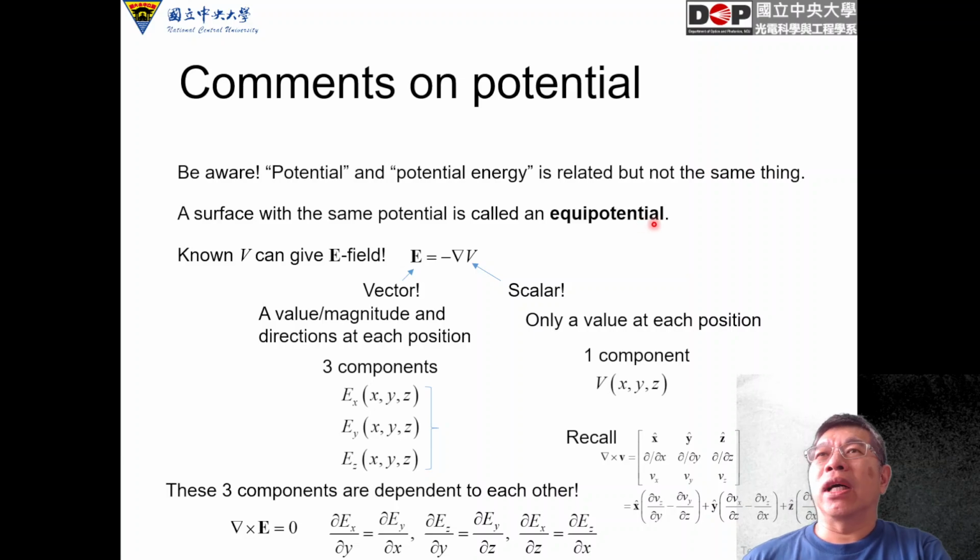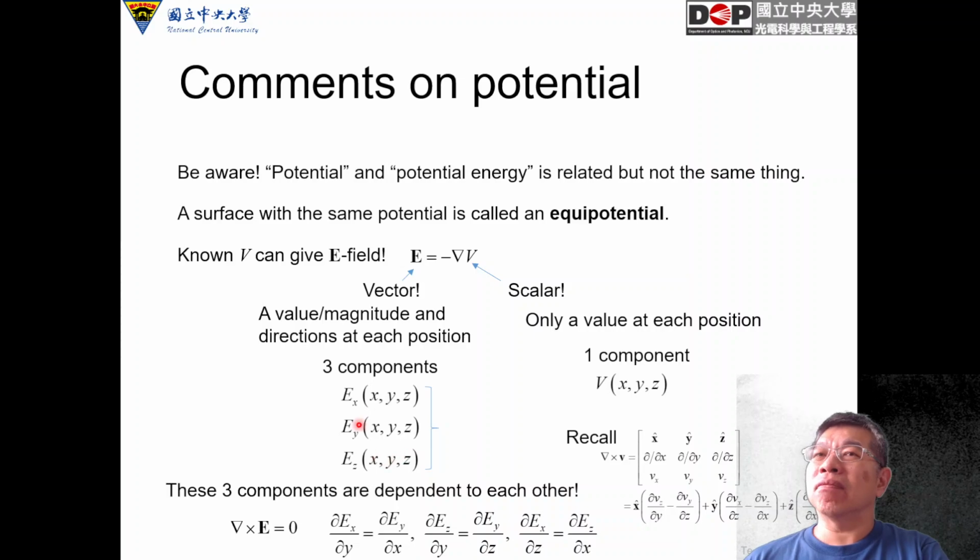Very straightforward. So knowing potential, because we have this relation, as long as we know the potential everywhere, we know the electric field everywhere. And potential is a scalar, but electric field is a vector. A vector is hard to deal with because there are three components, Ex, Ey, and Ez, and each can be a function of x, y, z.